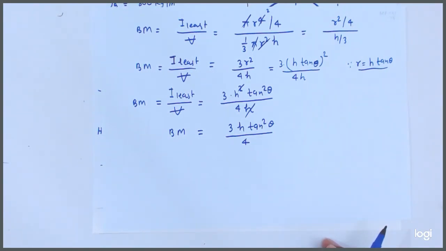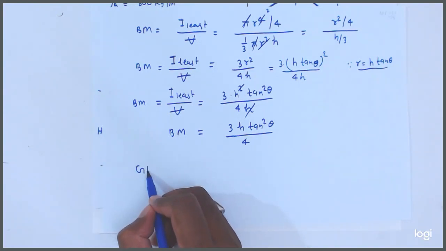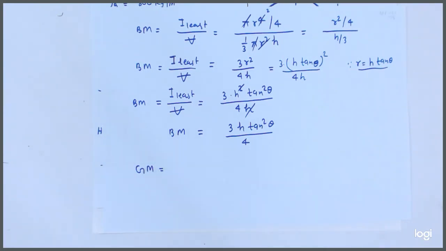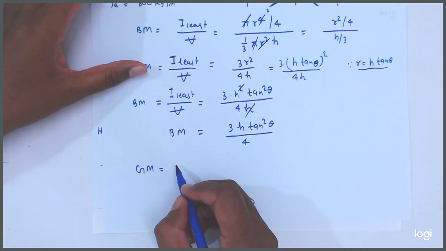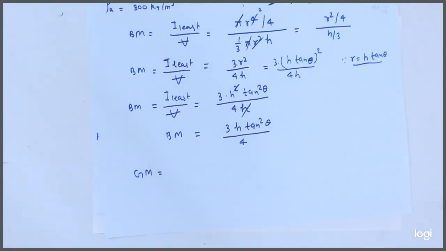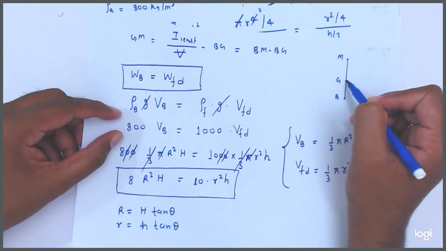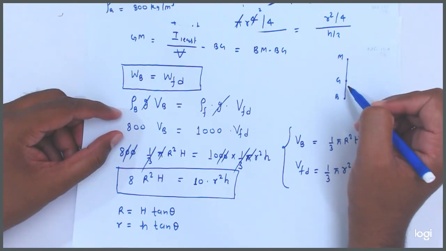Okay friends, now we calculated this value, so what is GM, the metacentric height? GM, the metacentric height, is equal to BM minus BG.